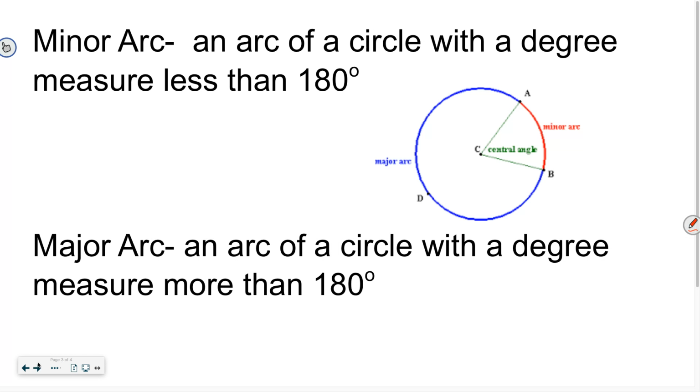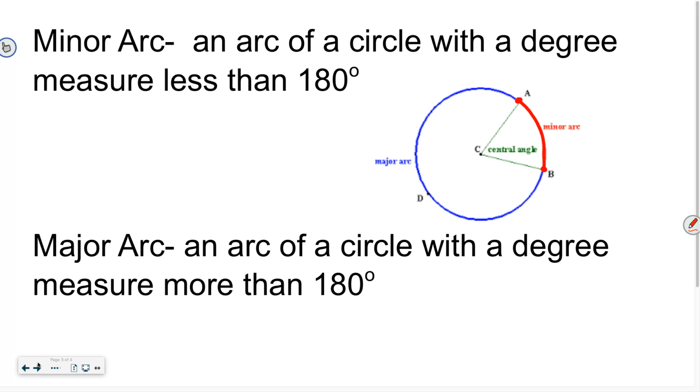Okay, and then the next word is minor arc. And a minor arc is an arc of a circle with a degree measure less than 180 degrees. So if you look at this circle, if I go from point B back to point A, or from point A to point B on the circle, it's not a straight line, it's a curved line. And that curved line we call an arc.